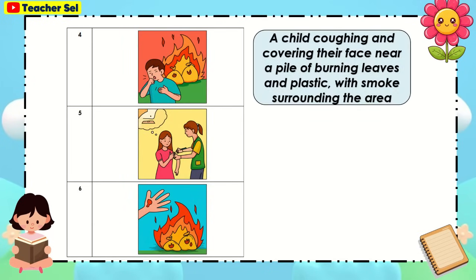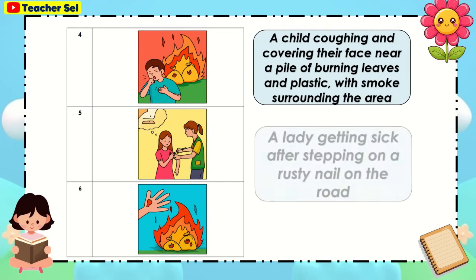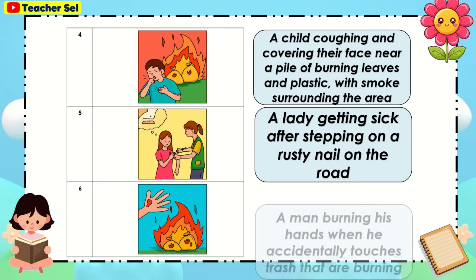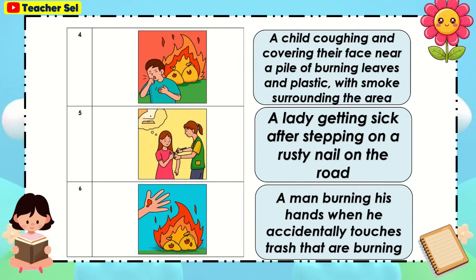A child coughing and covering his face near a pile of burning leaves and plastic with smoke surrounding the area. A lady getting sick after stepping on a rusty nail on the road. A man burning his hands when he accidentally touches trash that is burning.